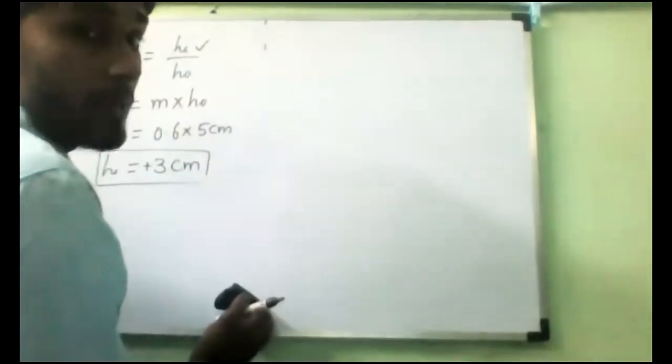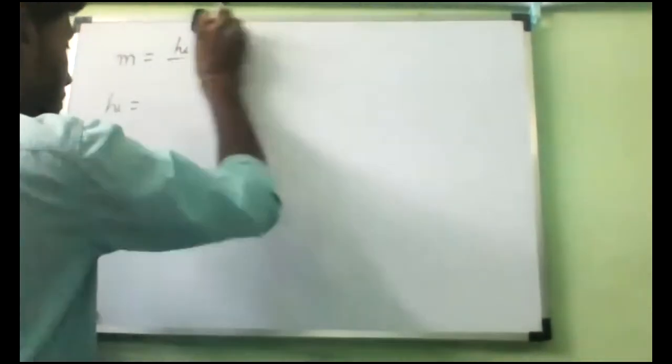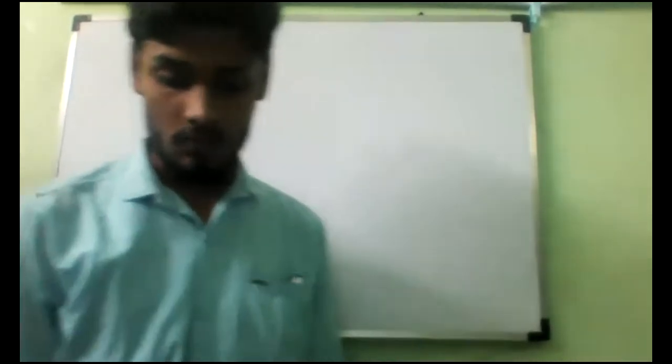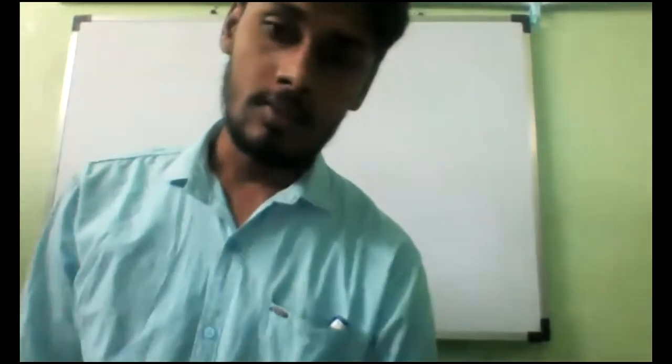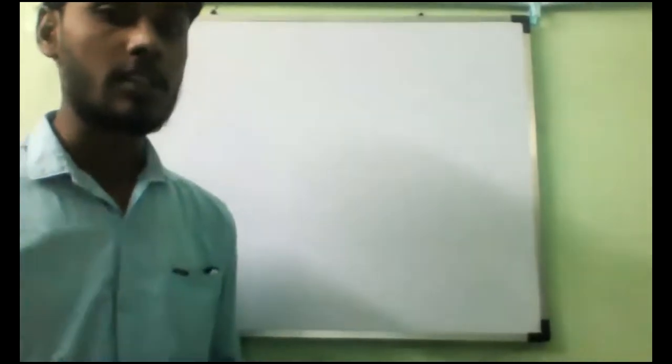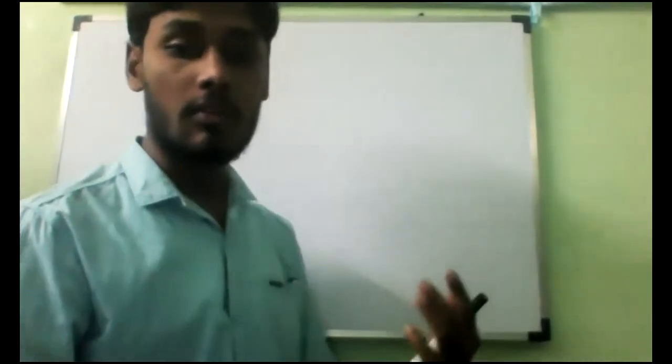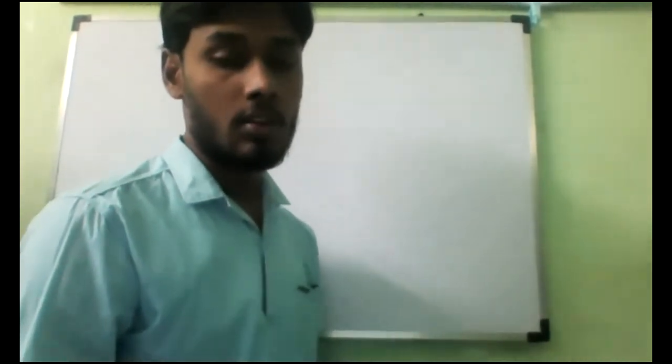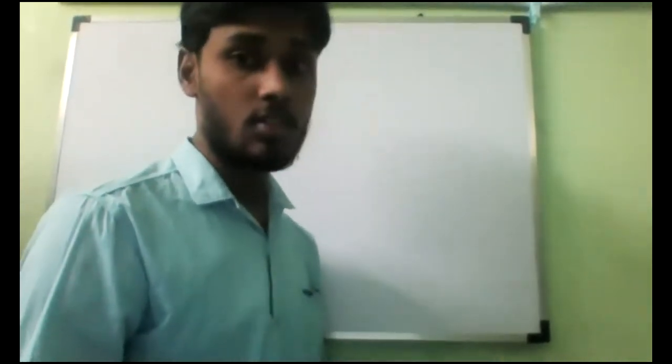Or else, whenever you know the image distance and object distance, then you find the magnification, because we can write whether it is a diminished or enlarged image only after calculating magnification. That is why we have to find the magnification without fail. There is no other way.